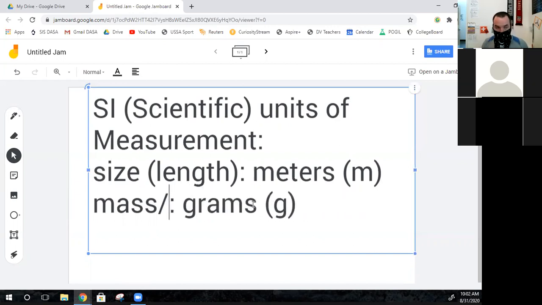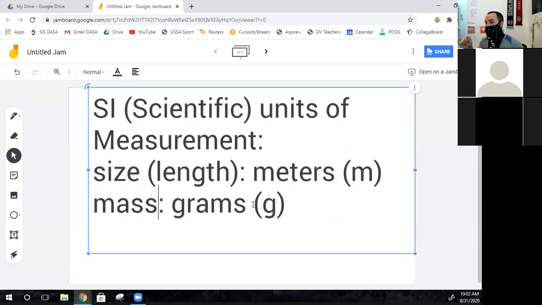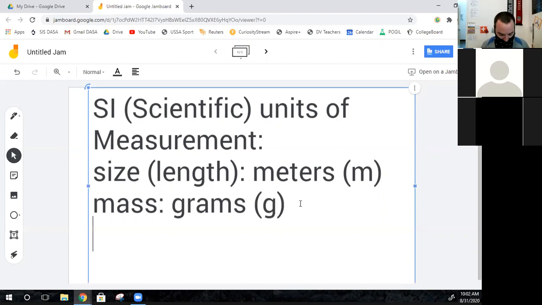So what I want you to do is cross out weight in your notes, so that it will help you remember. Weight is the same thing as a force. Weight is a force, and that is measured in what? Does anyone know how we measure forces in the international units? Newtons. Absolutely.